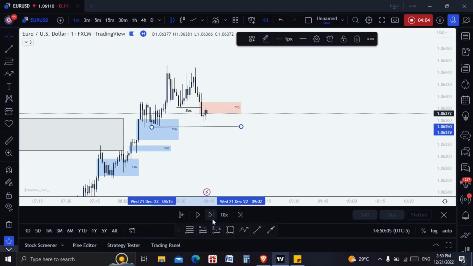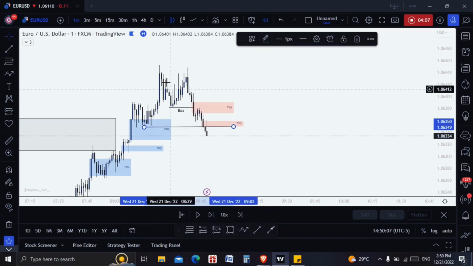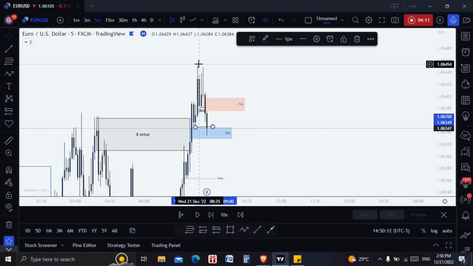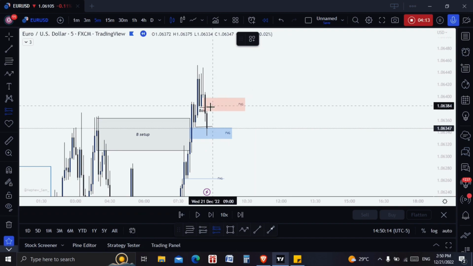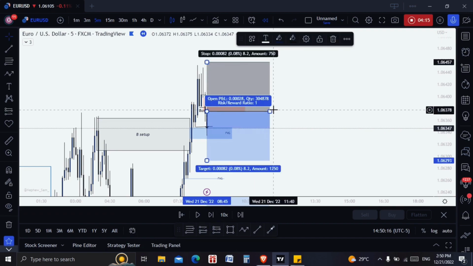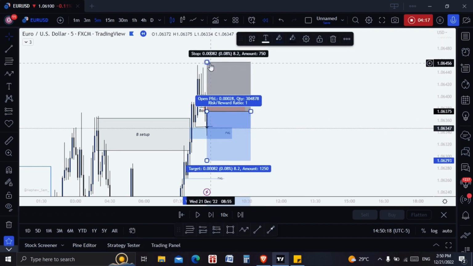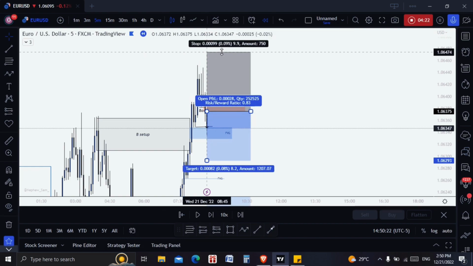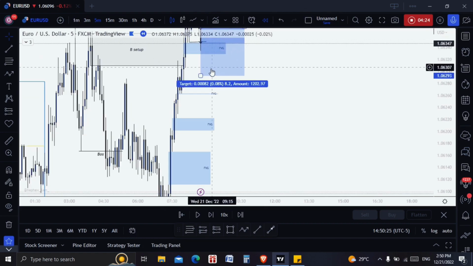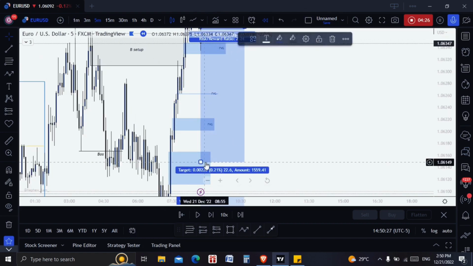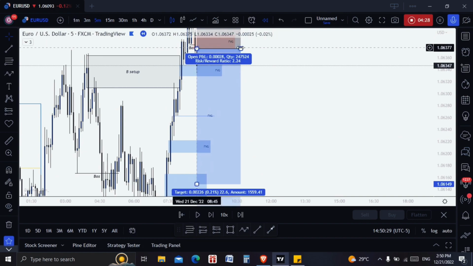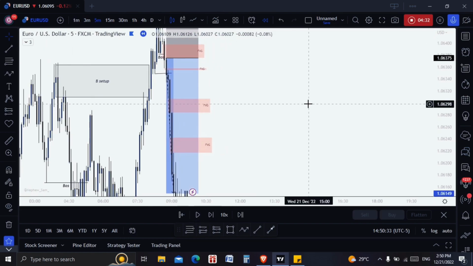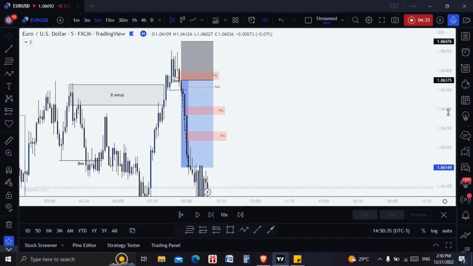I was waiting on that till it broke, and then I would go back to the 5 minute and do instant execution. I would have done that, but because I wasn't focused, I didn't catch the trade. I lost the trade.